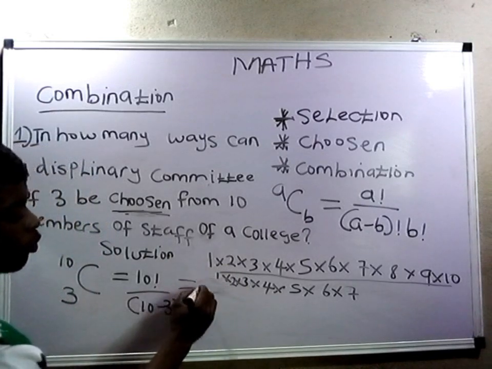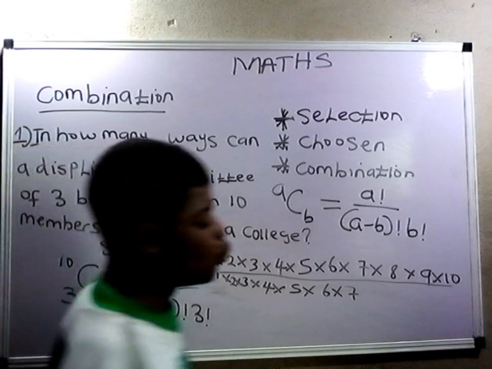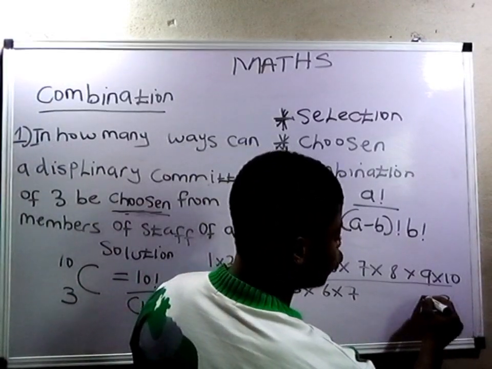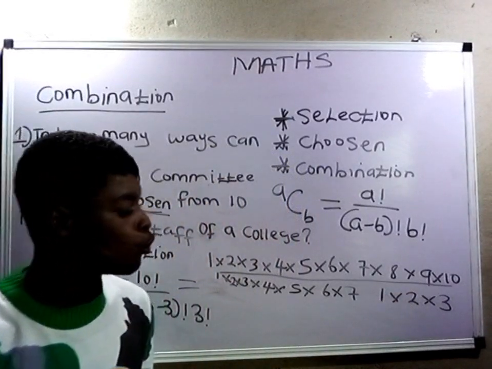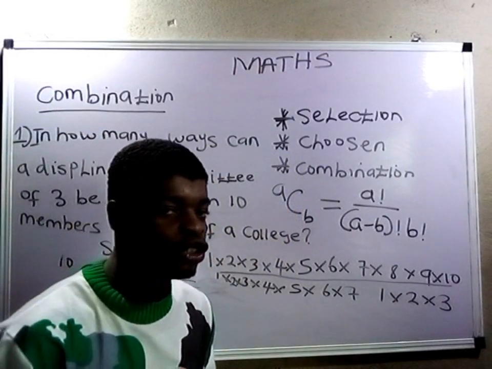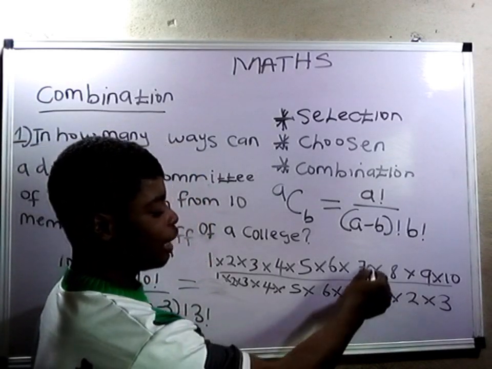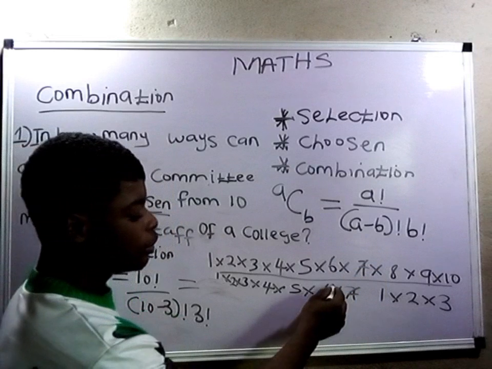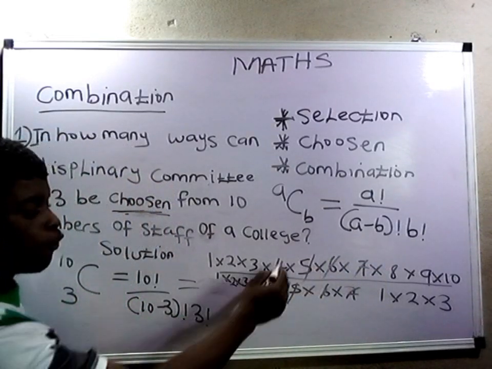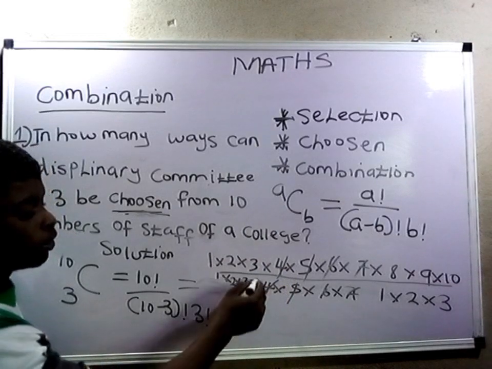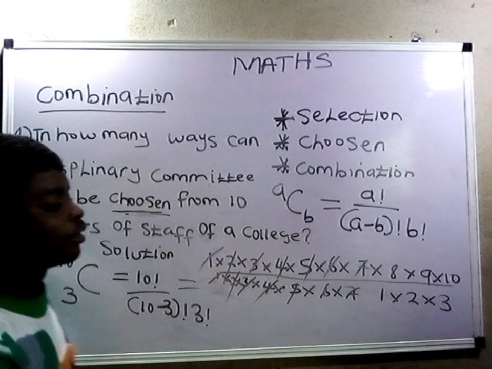Then we have 3 factorial, which is 3 times 2 times 1. To solve this, don't use a calculator. You just simply cancel to make it easier: 7 cancels 7, 6 cancels 6, 5 cancels 5, 4 cancels 4, 3 cancels 3, 2 cancels 2, 1 cancels 1.